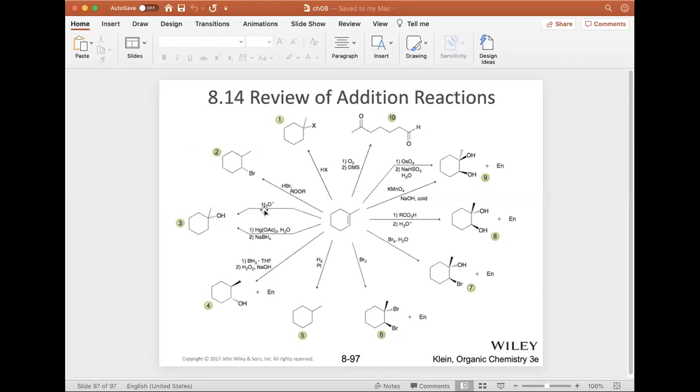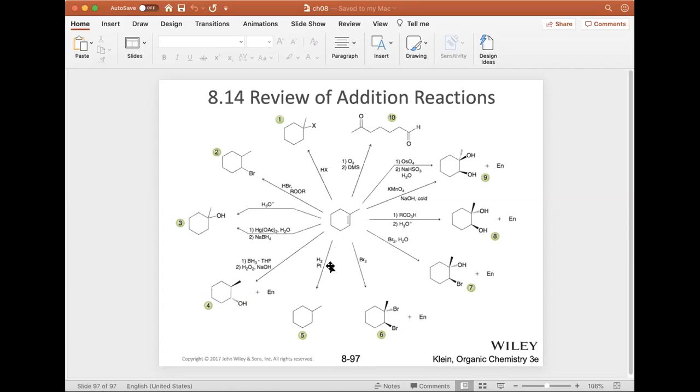If you want Markovnikov hydration, you can do either acid and water or oxymercuration-demercuration. With acid and water, there is a carbocation intermediate, so carbocation rearrangement is possible, but for oxymercuration-demercuration, there is no carbocation and no rearrangement. If you want anti-Markovnikov hydration, you have to do hydroboration-oxidation.